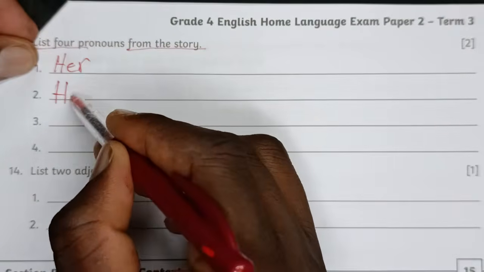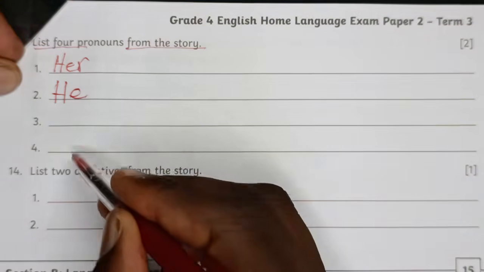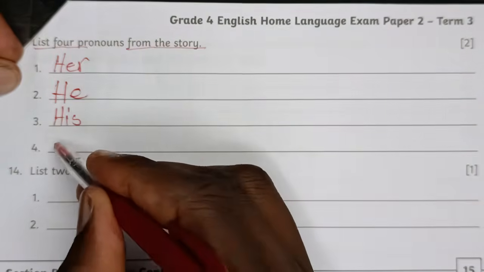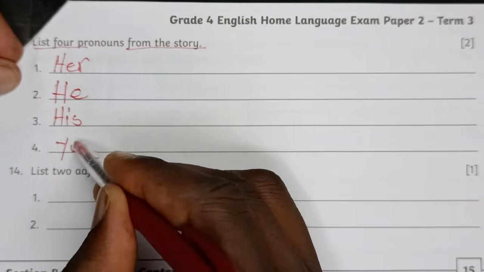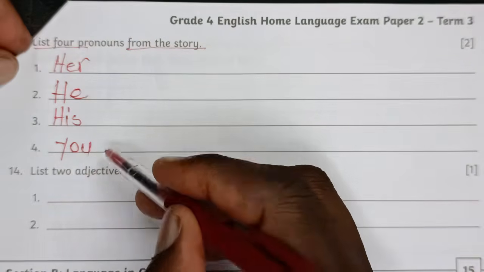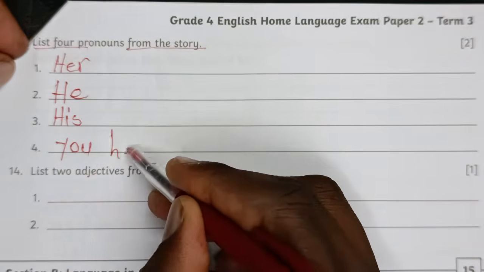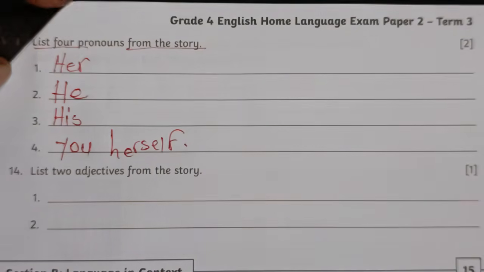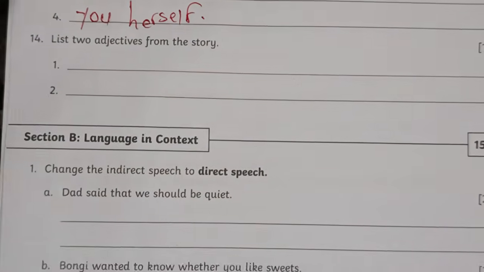So we had he. He is a pronoun that we used when we wanted to replace the name of Ralph. Then we have his. His is a pronoun. We have you. You is a pronoun. And herself. Herself is a pronoun as well.